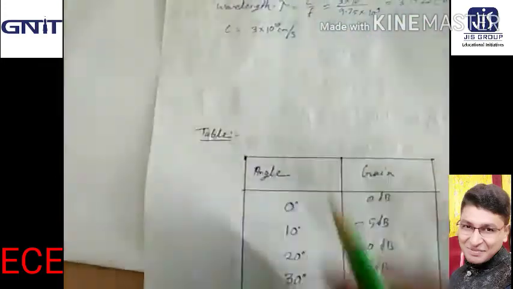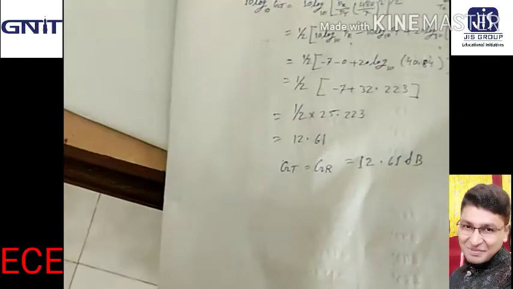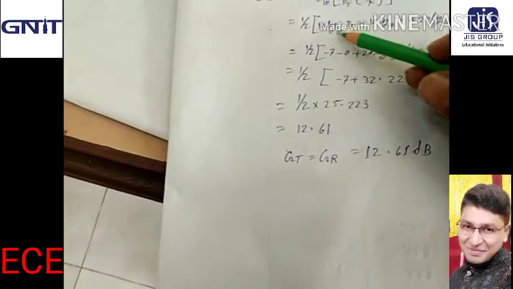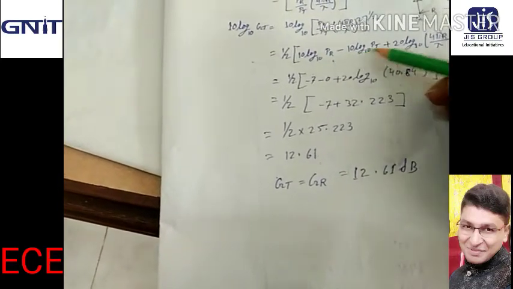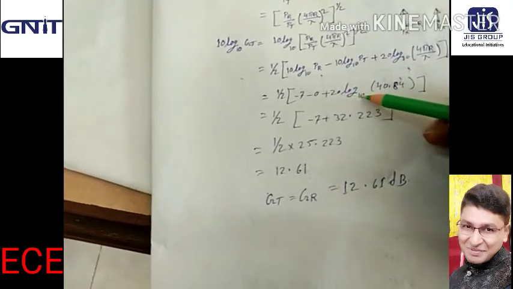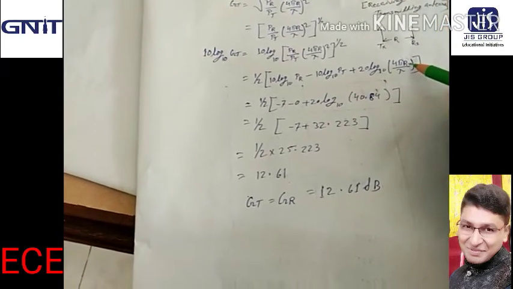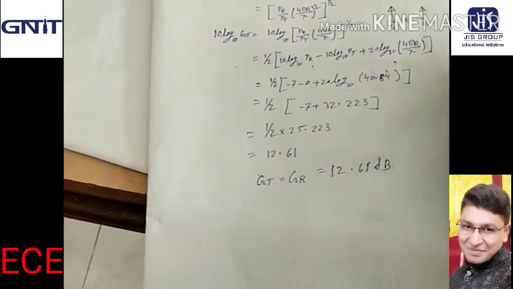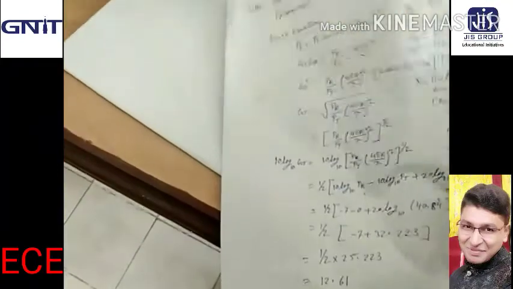Now putting the values in our equation, that is 10 log PR is equal to -7 dB and 10 log PT is equal to 0 dB plus 20 log of 4 pi R by lambda. Here R is equal to 10 centimeter, lambda is equal to 3.077 centimeter.